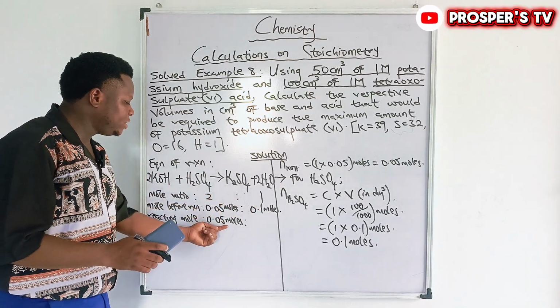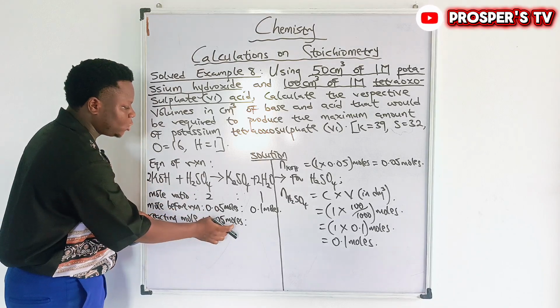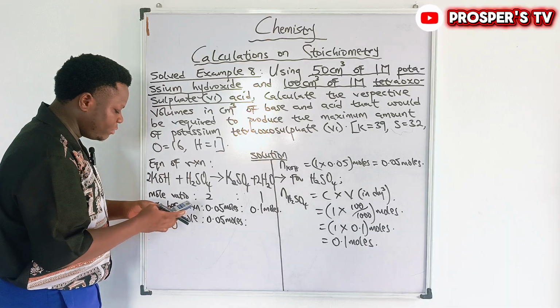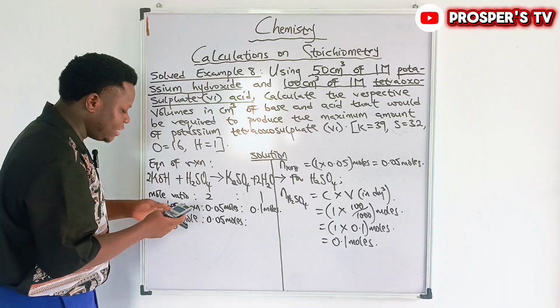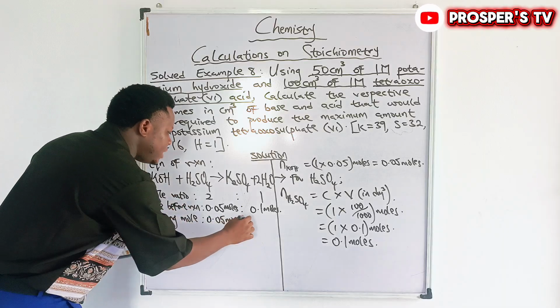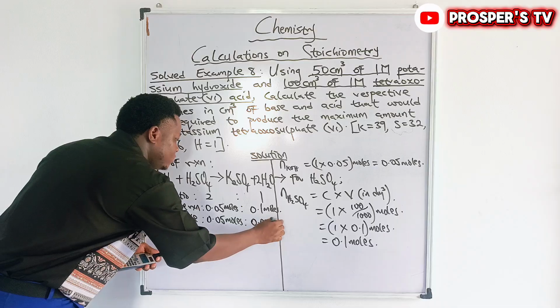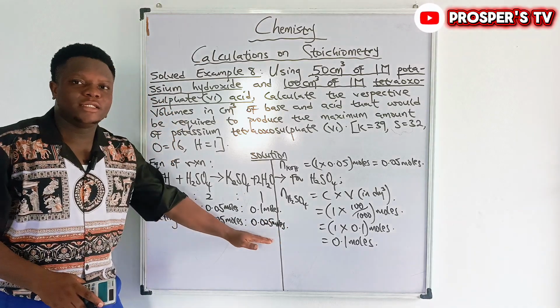So if we're saying 0.05 moles of KOH is reacting, we need to divide this number by 2 to get the mole of H2SO4 that would react. So 0.05, I will divide that by 2. So that gives me 0.025 moles.